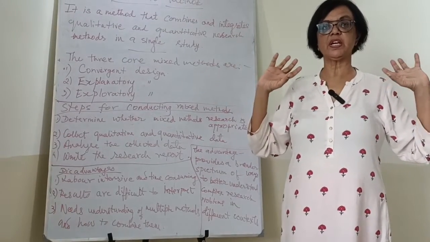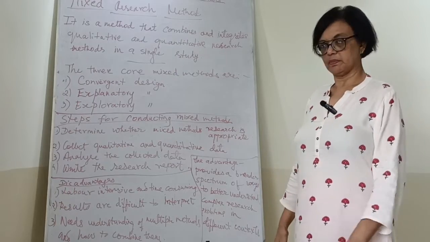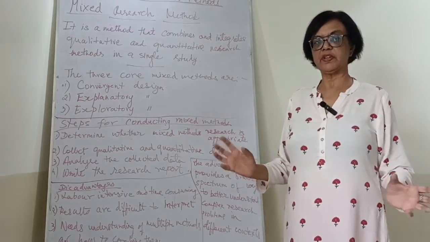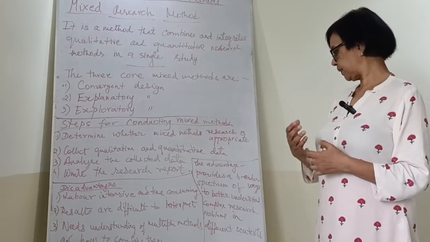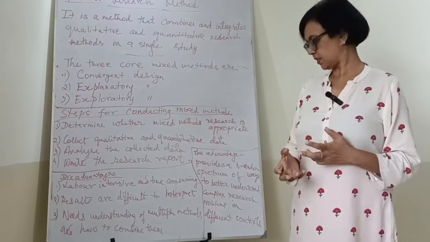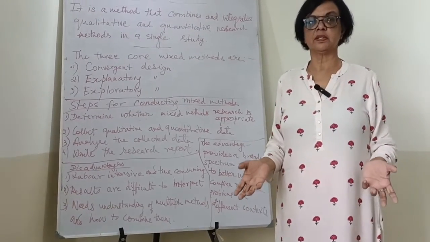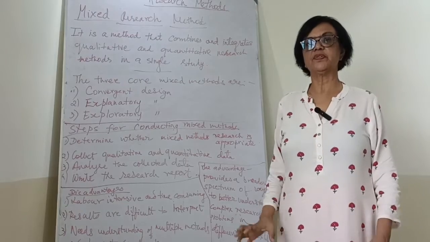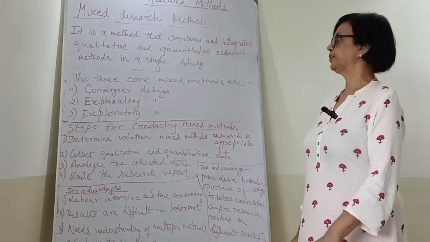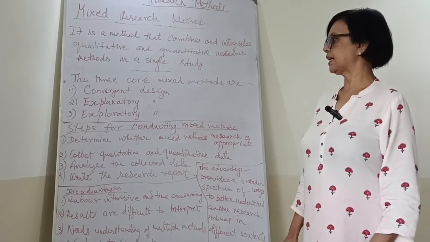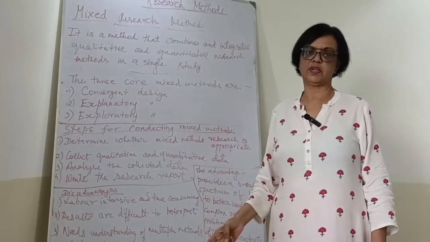Because we have a large collection of different types of research methods, and then we combine them to make a mixed method. So we can better understand the complex research problems. What are the problems involved in this research in different contexts? So mixed research method has both disadvantage as well as advantage.